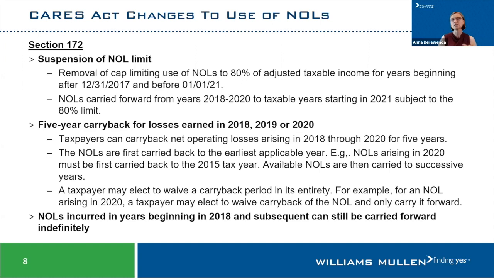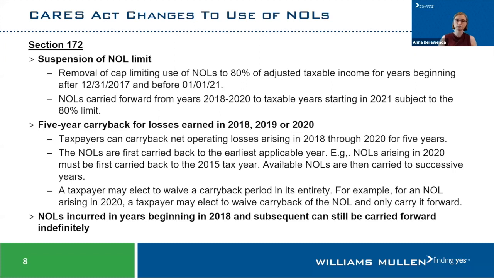But there is an election that taxpayers can make to elect out of that carryback and only carry those losses forward. And the CARES Act retained the ability for losses incurred in years beginning in 2018 and onwards to be carried forward indefinitely.